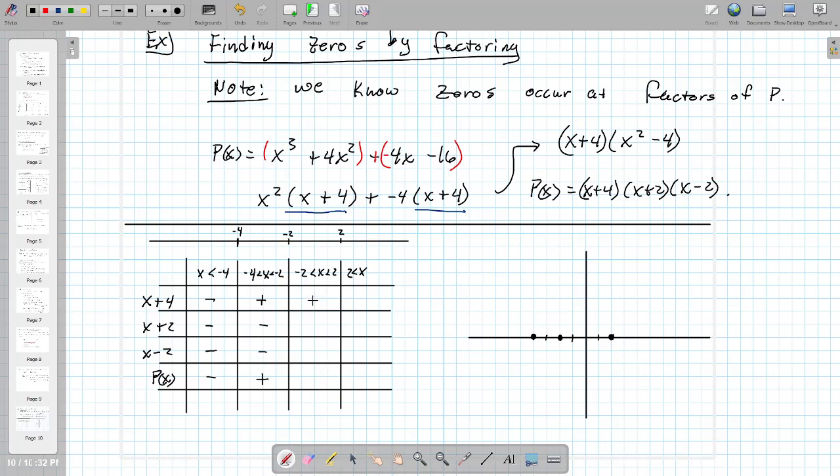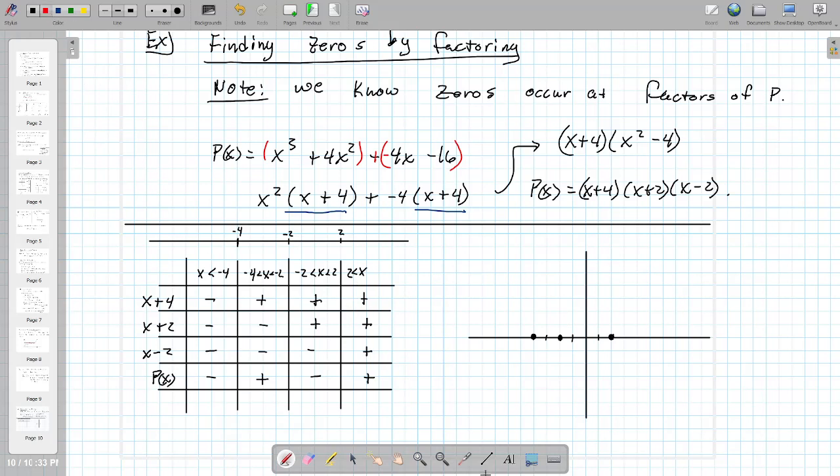It's the easiest point. 0 plus 4 is positive, 0 plus 2 is positive, and 0 minus 2 is negative. Positive times a negative is negative, so p of x is below the x-axis on this interval. And then we test to the right of 2, so we can pick 1,000. 1,000 plus 4 is positive, 1,000 plus 2 is positive, and 1,000 minus 2 is positive. So a positive times a positive times a positive gives us a positive. So on the interval where x is greater than 2, we know that p of x is positive.